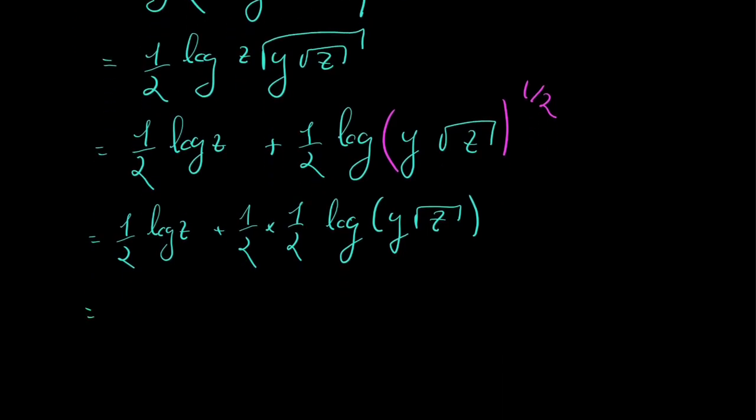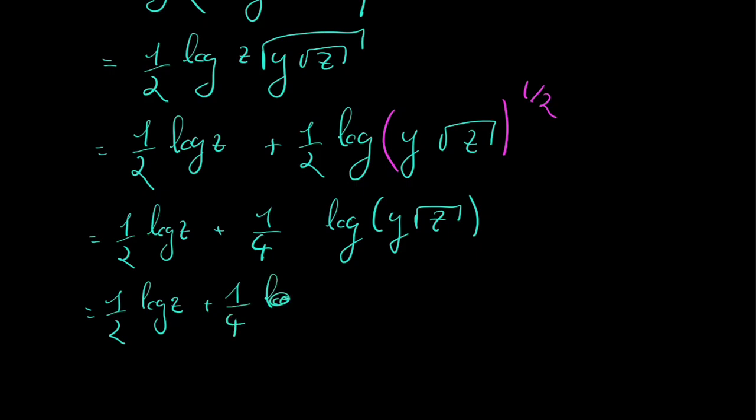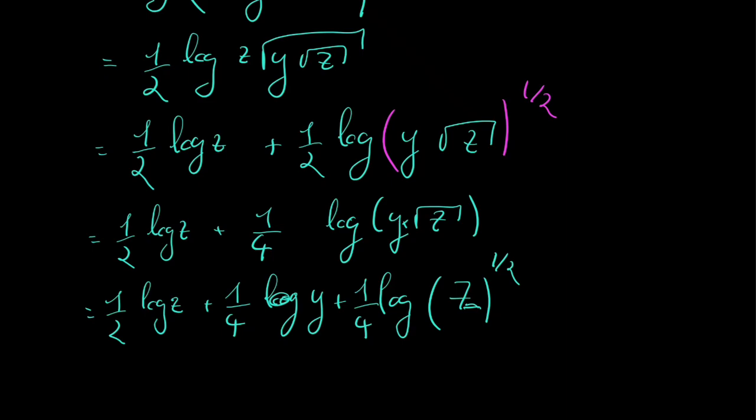And this thing is equal, so here this is just a 1/4, 1/2 log of z plus 1/4 times log of y plus, because there is multiplication here, plus log of square root of x. And this thing is plus 1/4 log of square root of x. And this thing just has x to the 1/2 power.